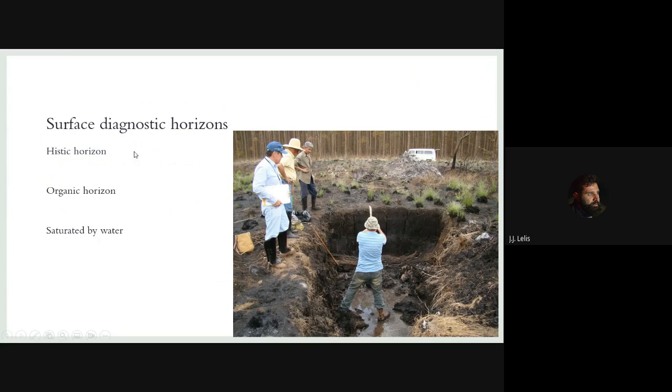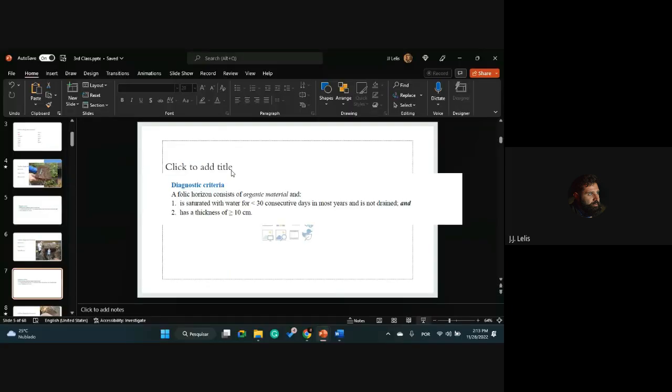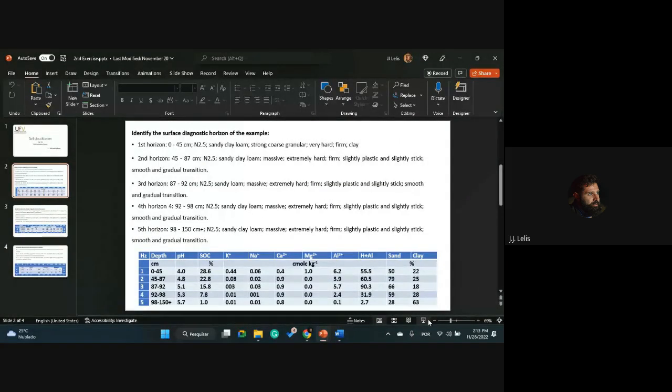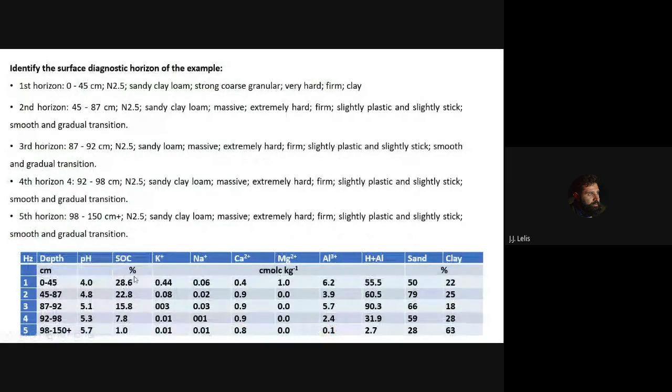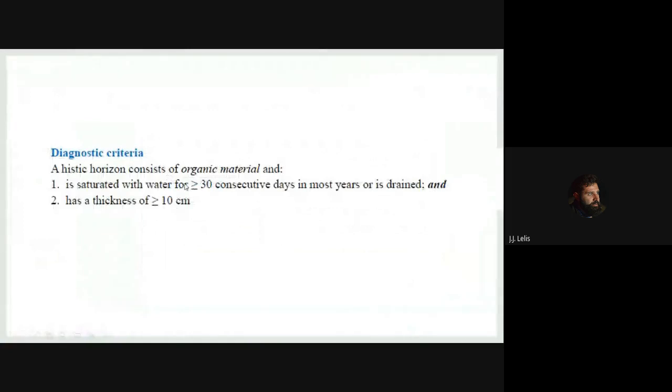But we have the histic horizons, and the histic horizon is those horizons that present a high content of organic carbon, as I said, at least 20%. So if we check the data here, we have a high content of organic carbon. So, okay, it could be a histic horizon, and the histic horizon should present a high number of days with soil flooded or influenced by water.